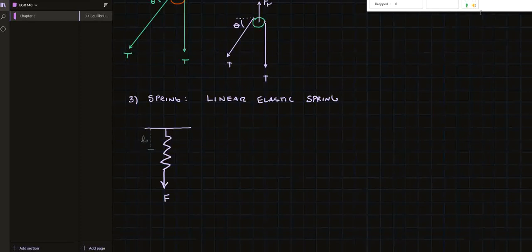Usually there's an undeformed length, and then this spring will be stretched some delta, and when it's stretched we'll consider it positive.